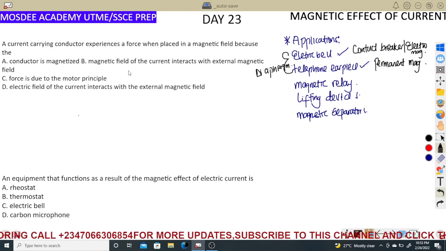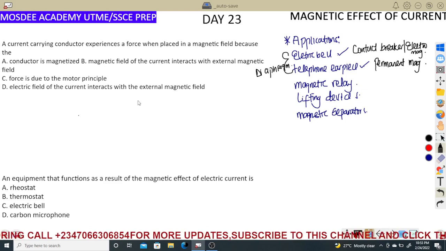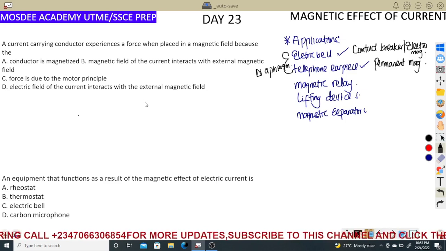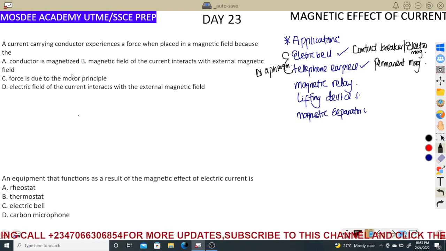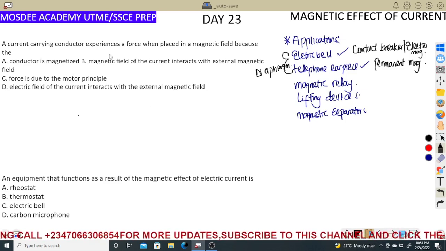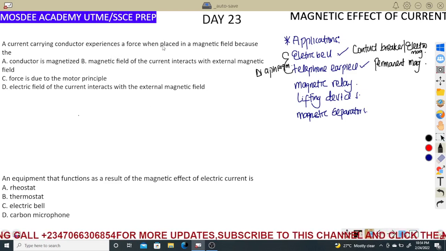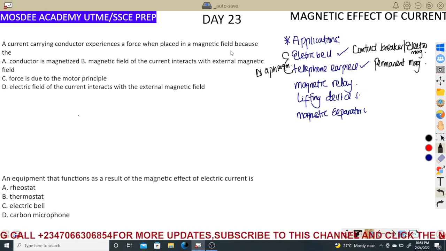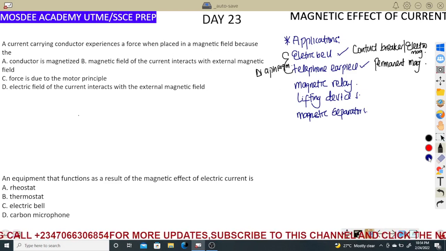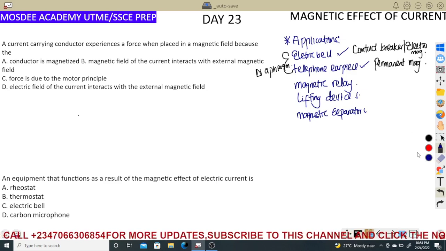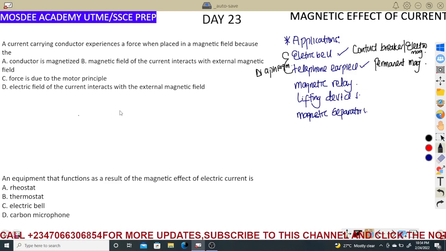Now, let's start with the questions. So the first one: a current carrying conductor experiences a force when placed in a magnetic field because dash. Now, basic concept. We have talked about the concept of magnetism.